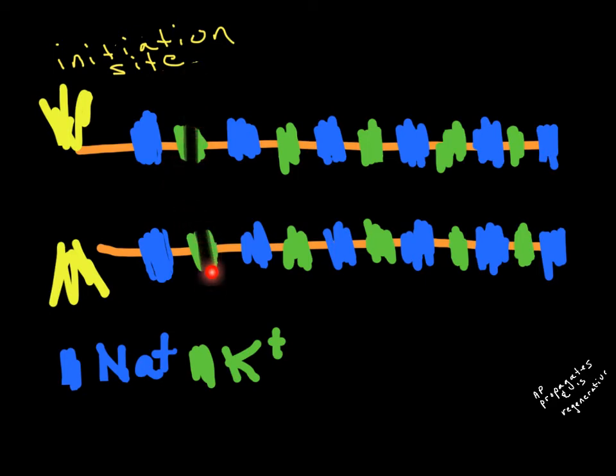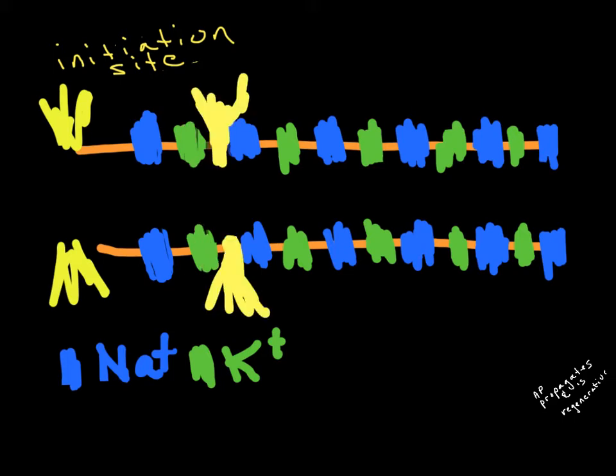Potassium leaves the cell, so we're starting to repolarize, or moving towards hyperpolarization. But we also have positive current moving through, enough such that another action potential is generated. More sodium gates are open, and the signal is propagated down the length of the axon.